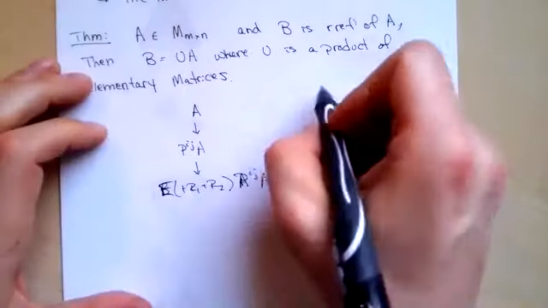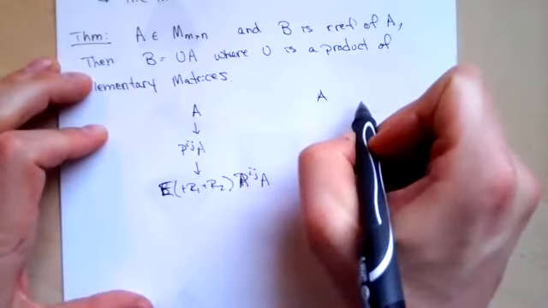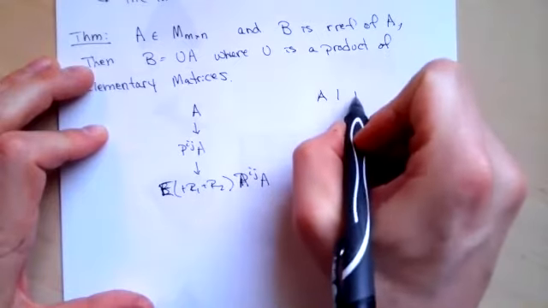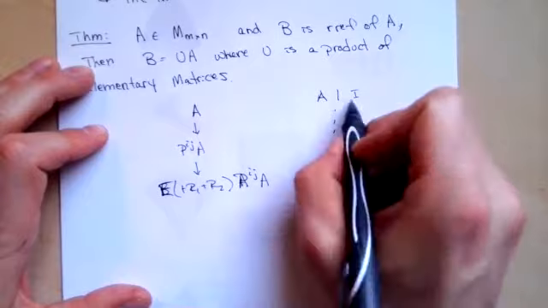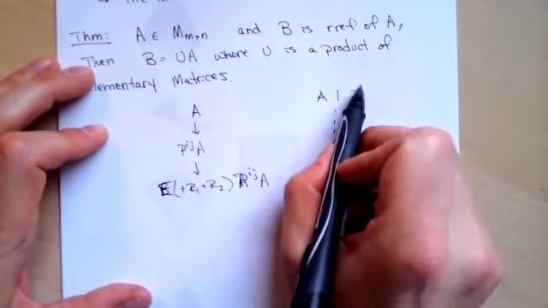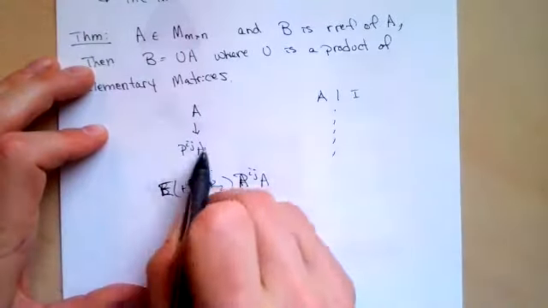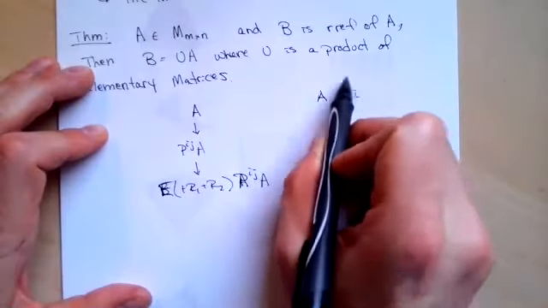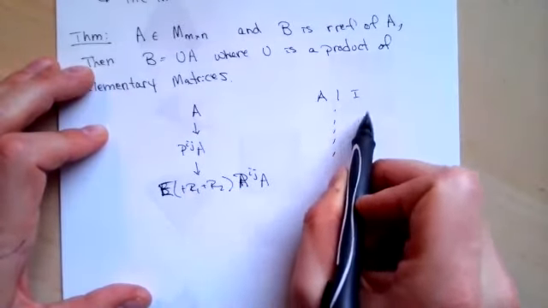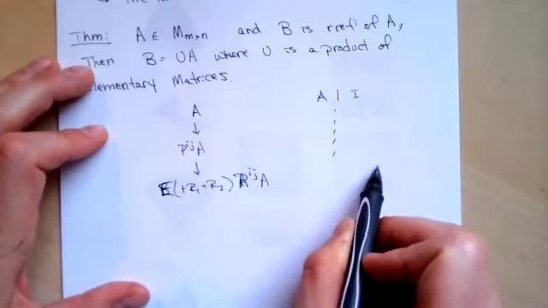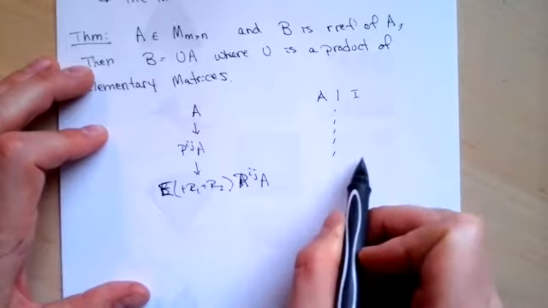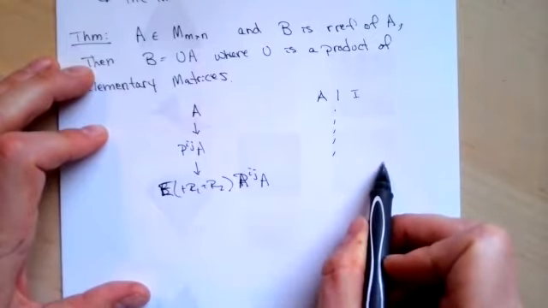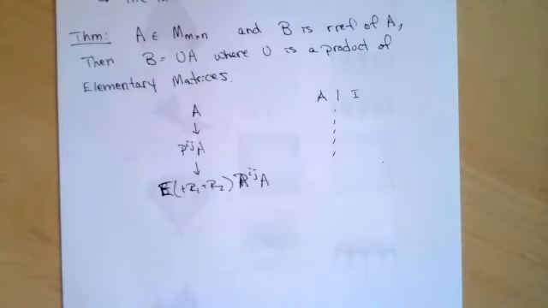So if you take a matrix A and then just add on the identity to the right, and then perform your sequence of row operations, since you're performing these row operations on this joined identity, that's going to keep track of what the operations are doing to the identity. And then in the end, that right side of the matrix will give you the product of all of those operations.